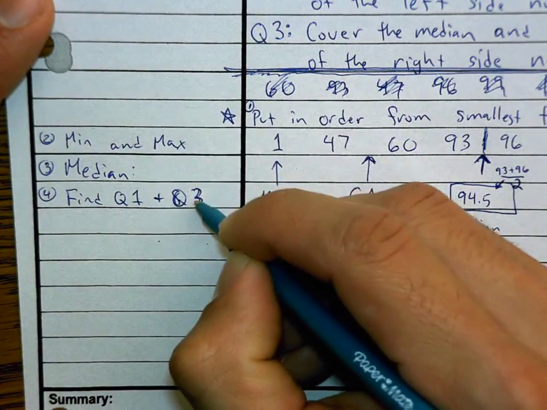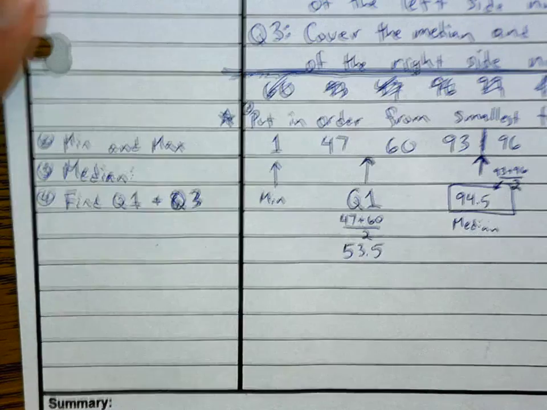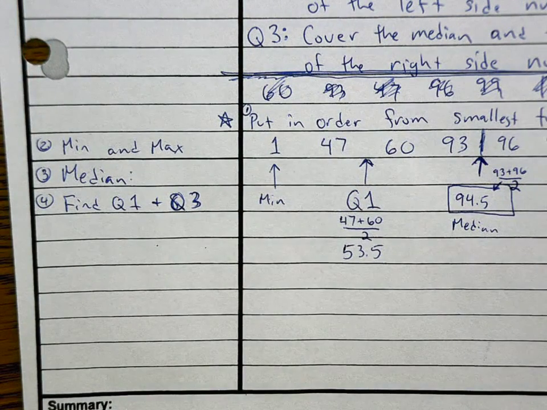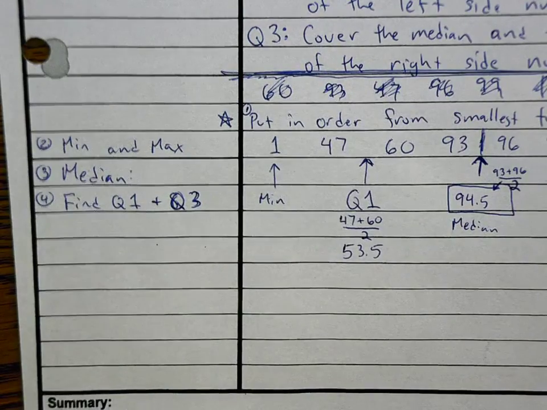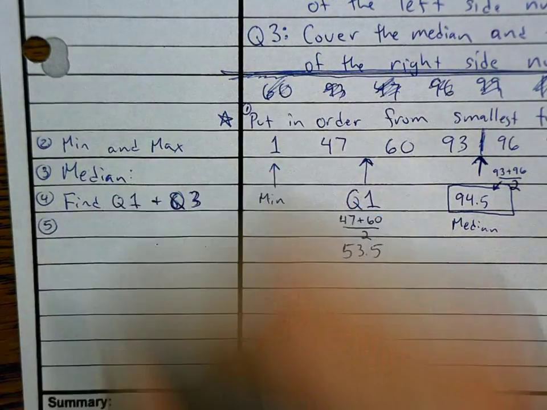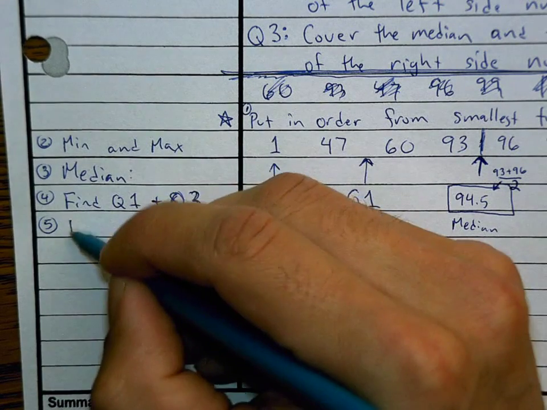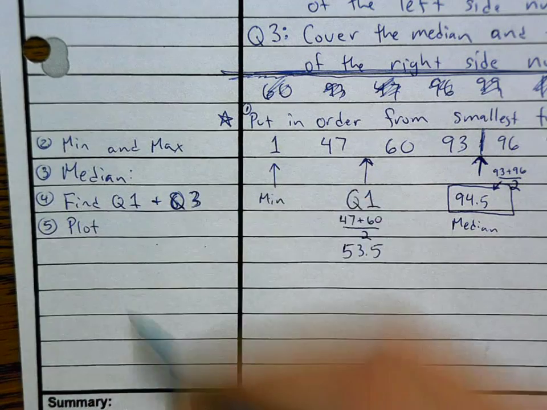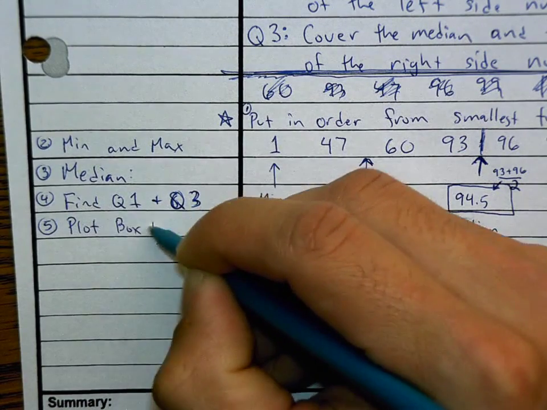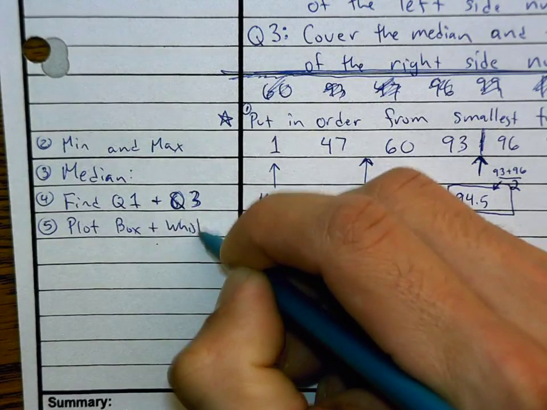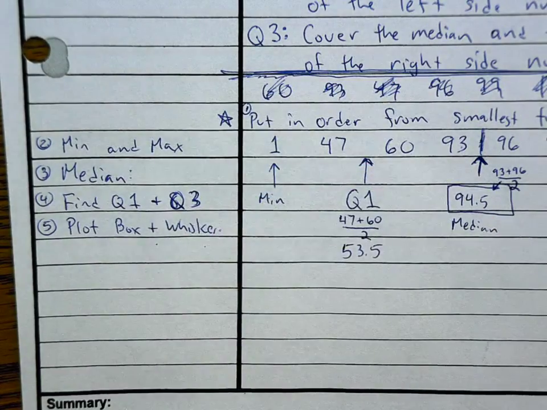That was the next thing we did. Plot, last step, plot the box and whisker. Now we got to actually make a graph with this.